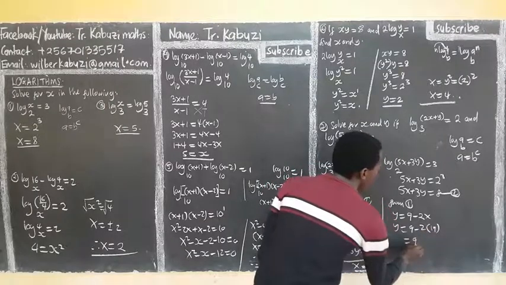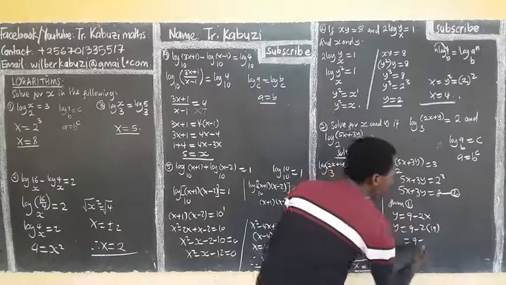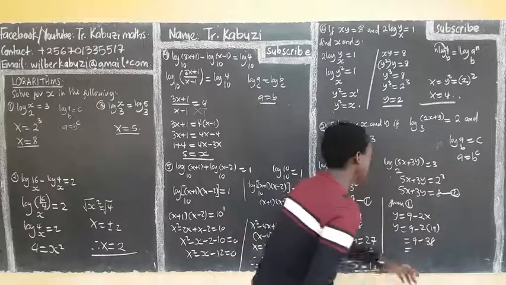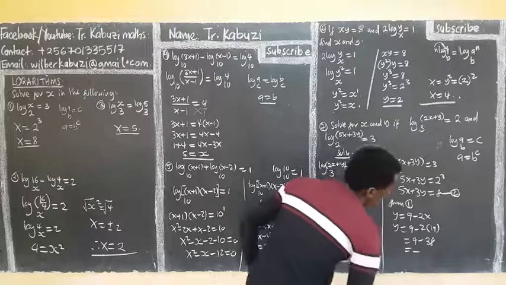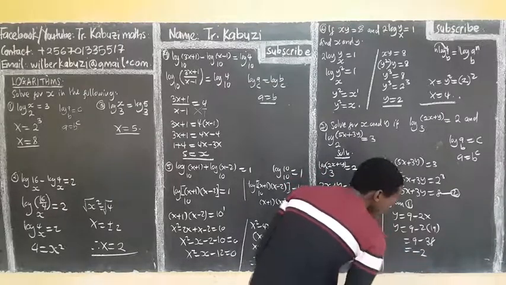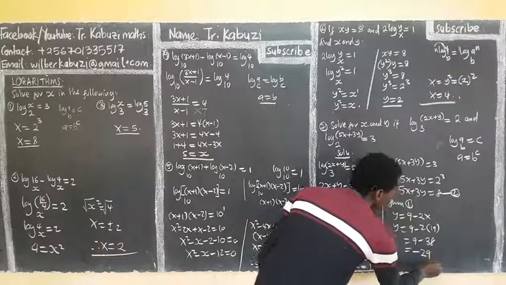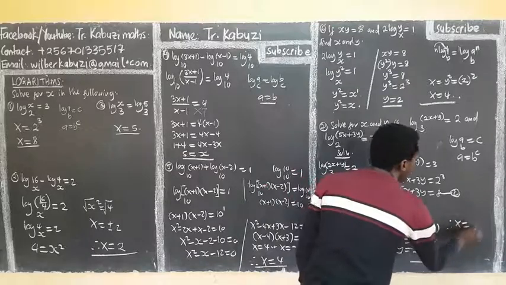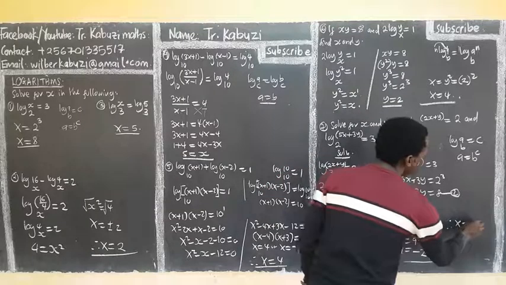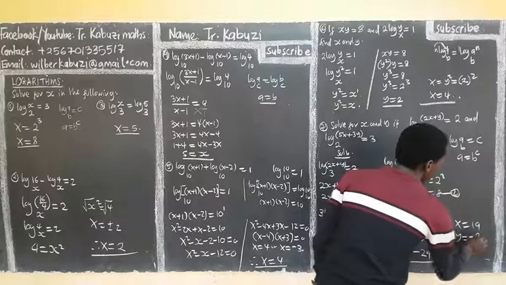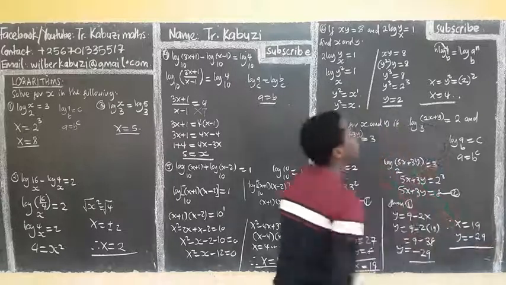This will be 9 minus 38, and by this one, you get negative 29. That's our y. So therefore, our x is 19 and our y is negative 29. So you have solved.